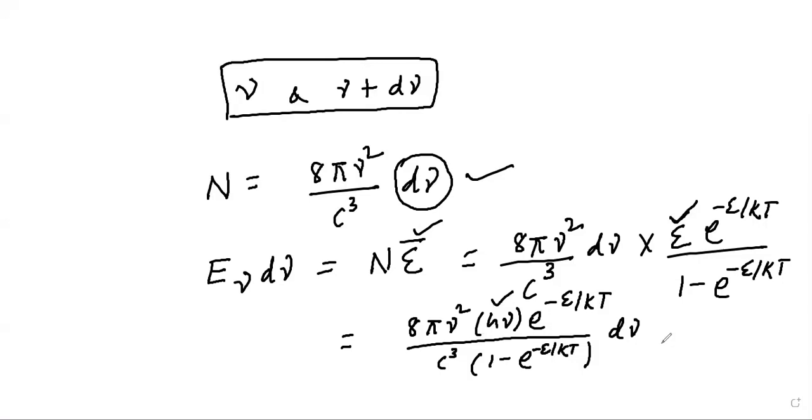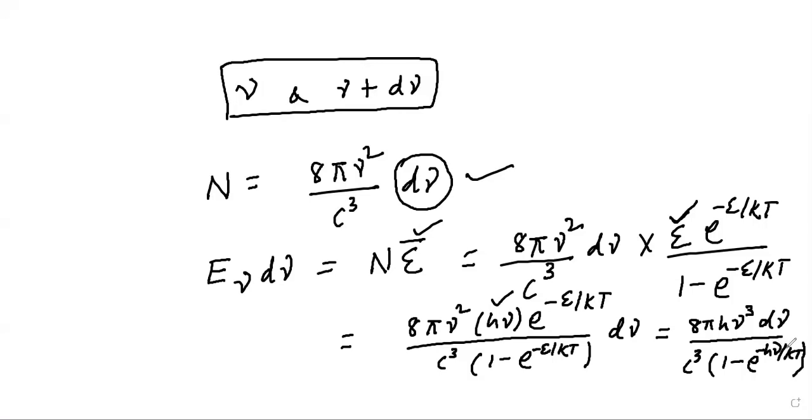So now this can be further simplified, right? 8 pi nu square, you got nu, so that gives you nu cube. So 8 pi h nu cube d nu divided by c cube into 1 minus e to the power minus h nu by kt, where I substituted h nu for that E value.